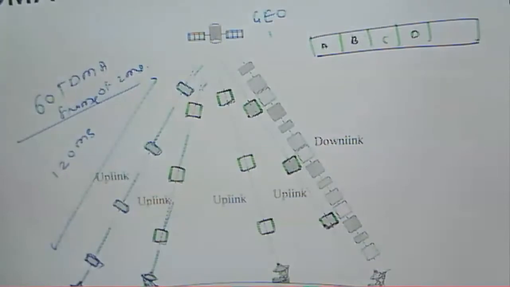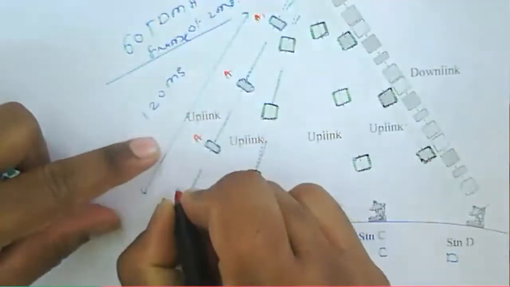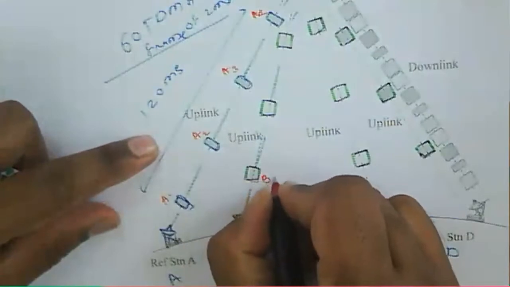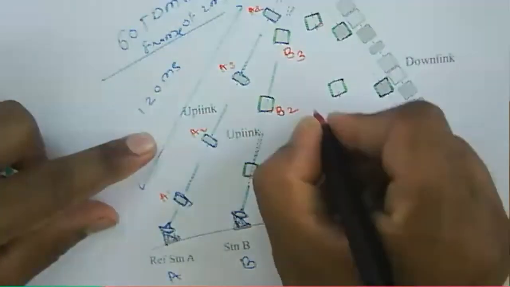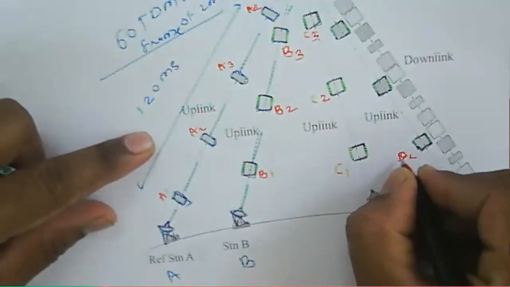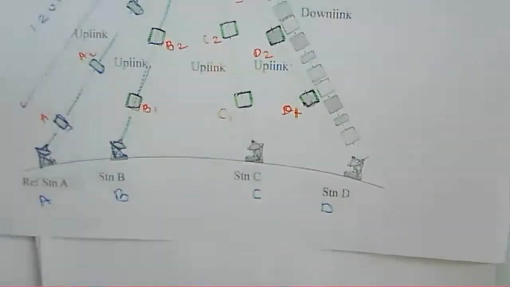So now, for example, I am just saying now this one is about A. Okay, A here, likewise A1, A2, A3, A4. This one is about B1, B2, and B3, C1, C2, C3. Here we can say that D1, D2, and D3. Now, when this arrives here, the bursts will arrive here.